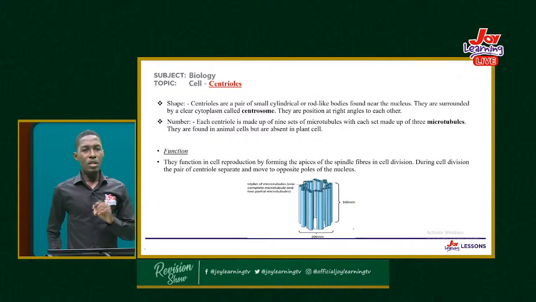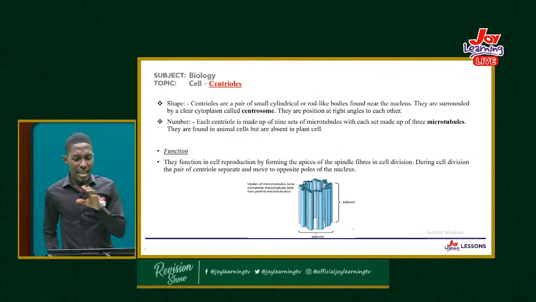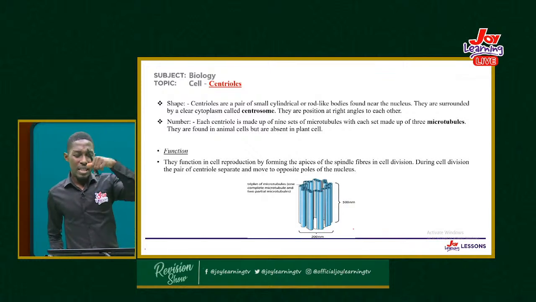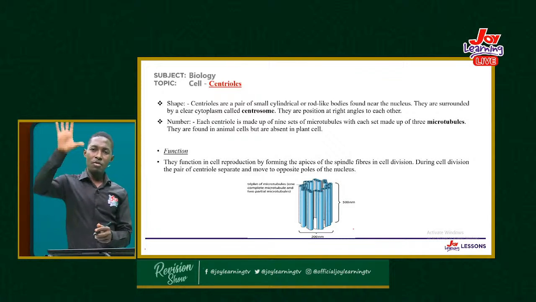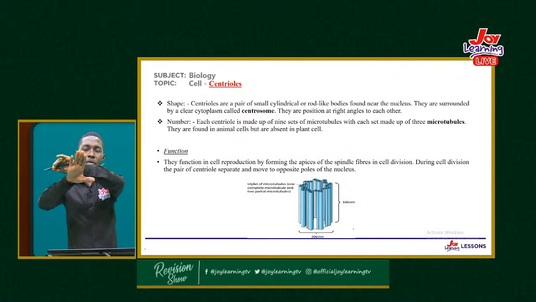Now this centriole can be located very close to the nucleus as a clear zone. That clear zone is called the centrosome. But what is in the centrosome are these structures. And if one is standing up this way, the other one is perpendicular to it. So we say it's a pair. And prior to cell division, each pair would divide into 2. This one will reproduce another pair, and this one will produce another pair.